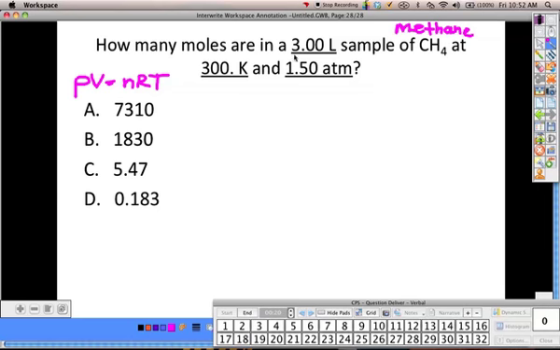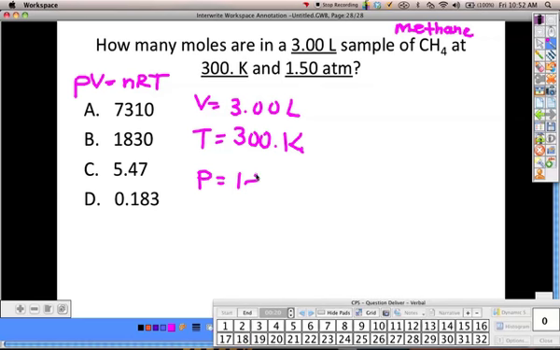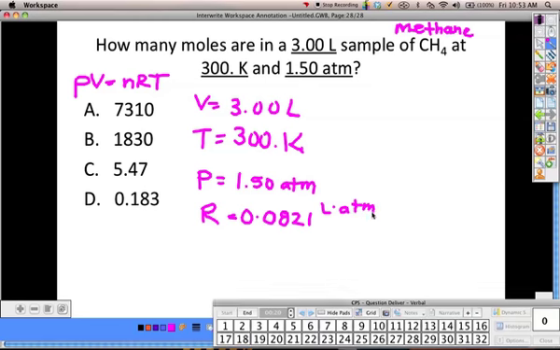Then I'm going to identify what I have. I have a volume equal to 3.00 liters. I have a temperature equal to 300 Kelvin. I have a pressure equal to 1.50 atmospheres. And R is a constant. It's the universal gas constant, so I'm going to write it down here: 0.0821 liters times atmospheres over kelvins times moles.